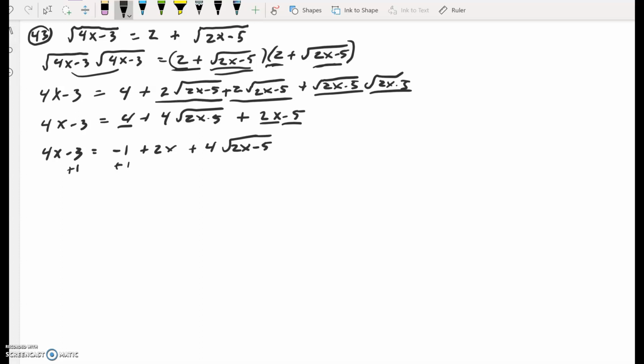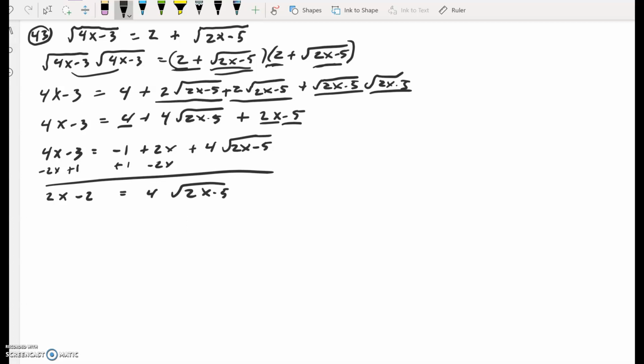Adding 1 to both sides and subtracting 2x from both sides, we get 2x minus 2 equals 4 times the square root of 2x minus 5.